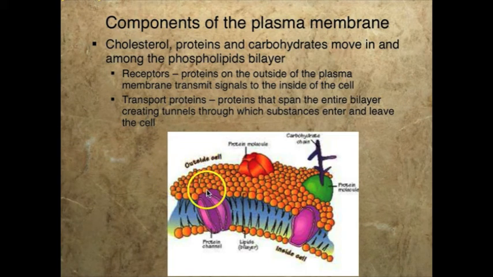Transport proteins span the entire phospholipid bilayer and create tunnels through which substances can enter and leave the cell. We're going to talk more about that in the next segment. But just understand that embedded in this phospholipid bilayer are a lot of other proteins and carbohydrates, other macromolecules that contribute to the ability of the cell to do its job.